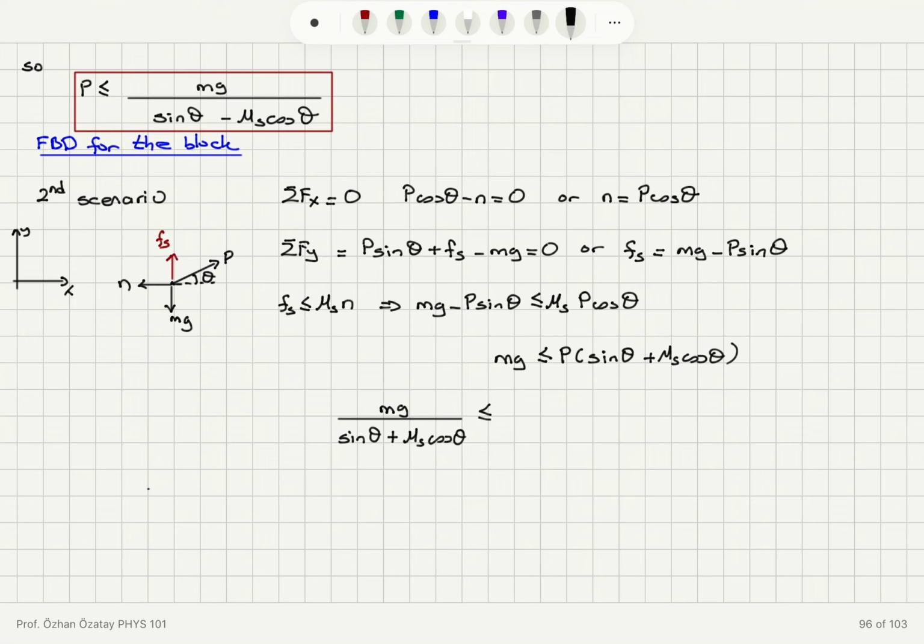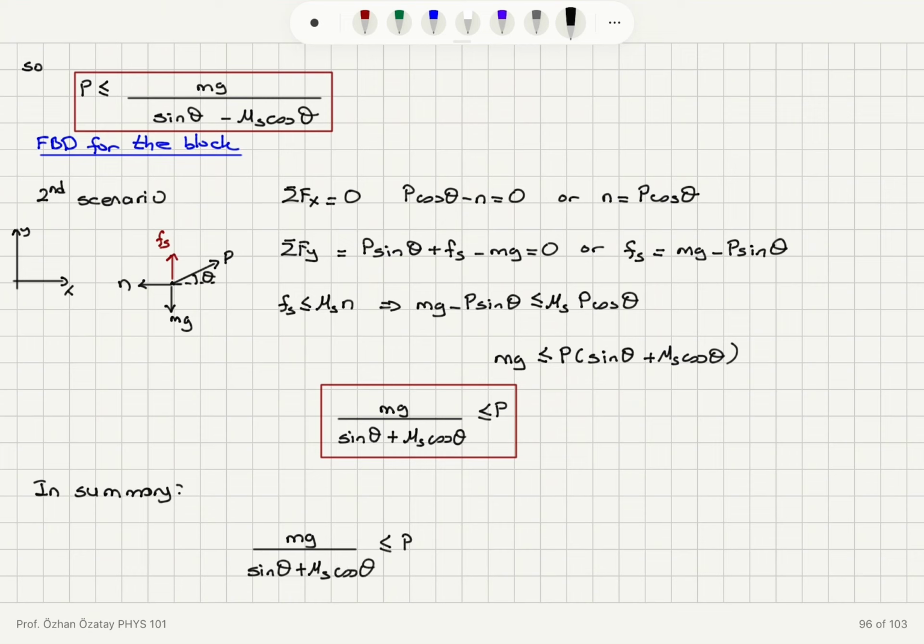It's greater or equal to mg divided by sine theta plus mu s cosine theta, and it's less or equal to mg divided by sine theta minus mu s cosine theta. So when P is in this range, the object, the block, will be stationary. It won't move with respect to the wall.